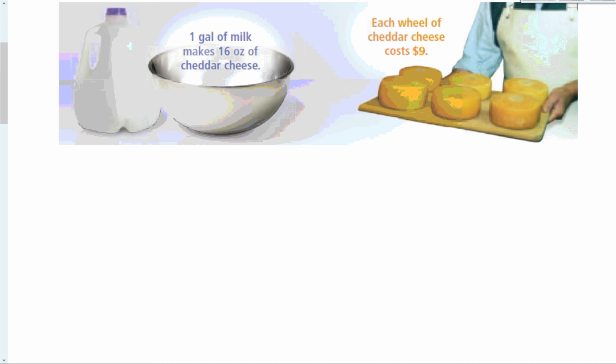So if I want to make a wheel of cheese, I would take 16 times 1 gallon times the number of gallons of milk.